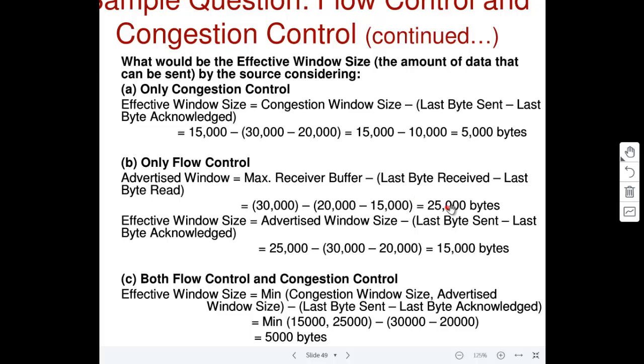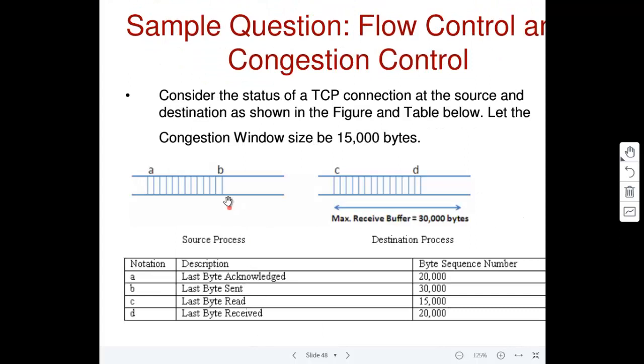The source gets to know that using an acknowledgement packet, as you saw in the earlier examples. So the advertised window is 25,000 minus now the outstanding bytes. Outstanding bytes, again from the source's point of view, is what you have sent minus what has been acknowledged. So 30,000 has been sent so far and 20,000 has been acknowledged so far.